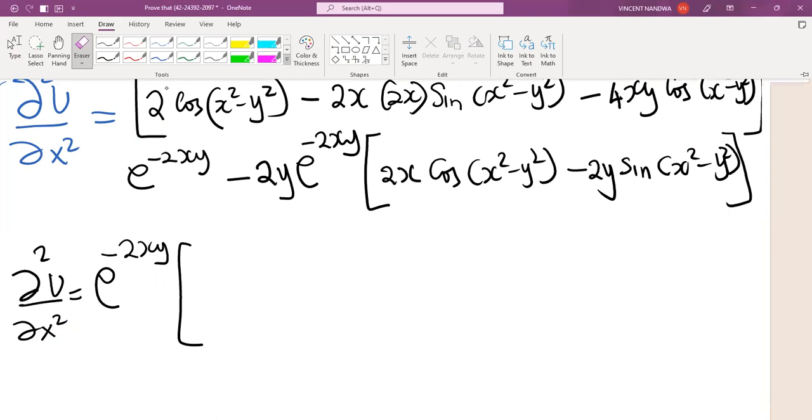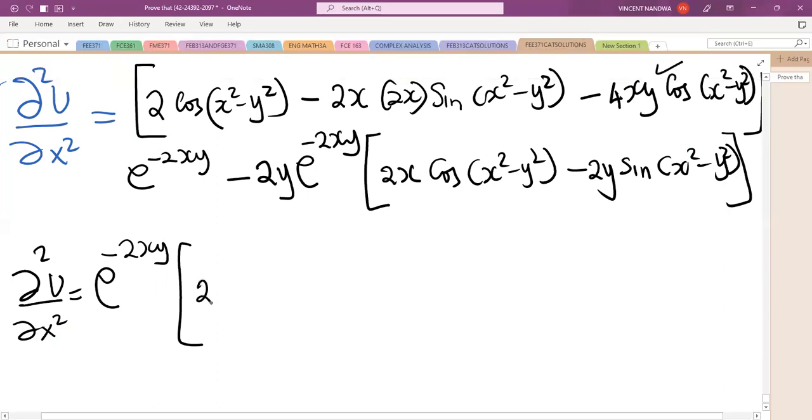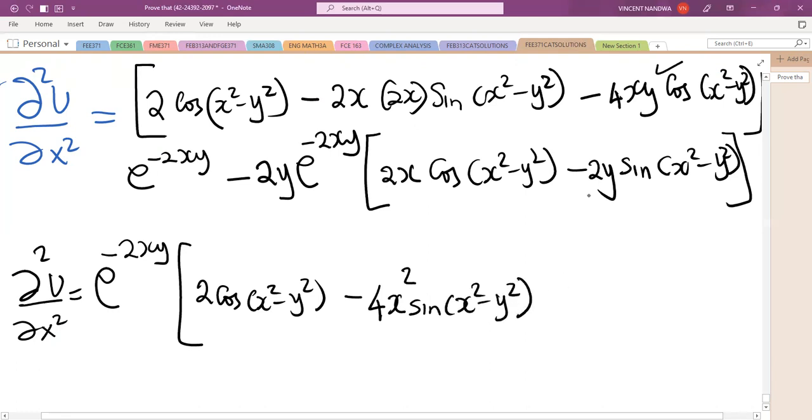So after factoring out e raised to minus 2xy, this first term will be 2 cos of x squared minus y squared. Here I'll have minus 4x squared sine of x squared minus y squared. Here I have minus 4xy cos of x squared minus y squared. And then you have a minus sign here.